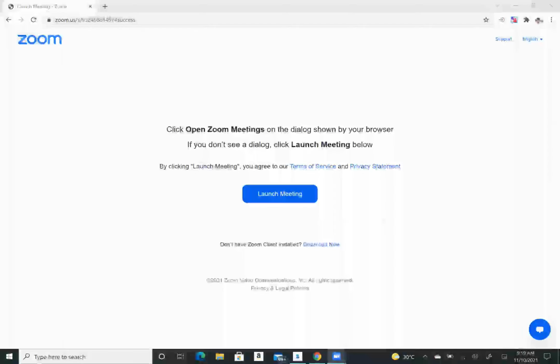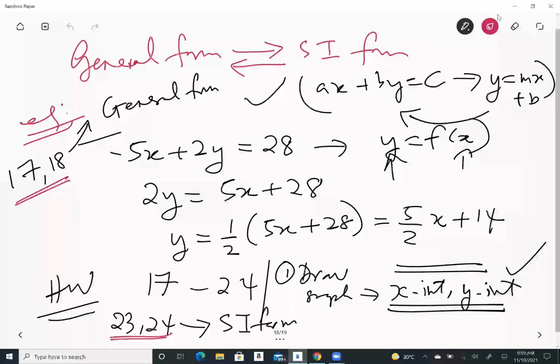So let's continue with the intercept, and then I need to look at the slope. Now, if you look at the intercept, this is where we stopped last time. We draw the graph. So you have the slope-intercept form, y equal to mx plus b.